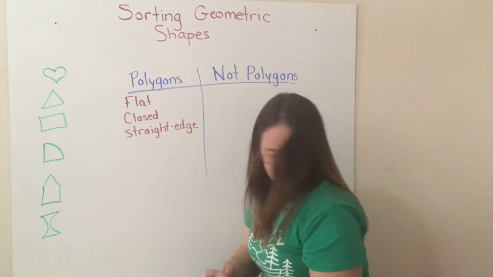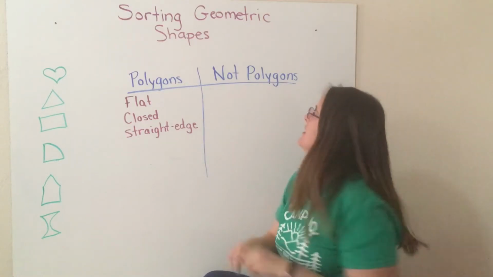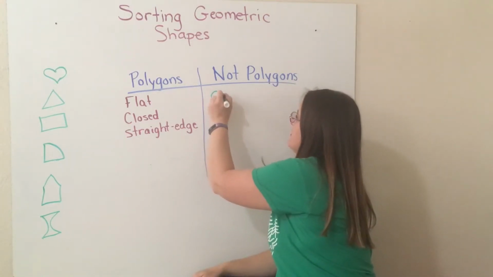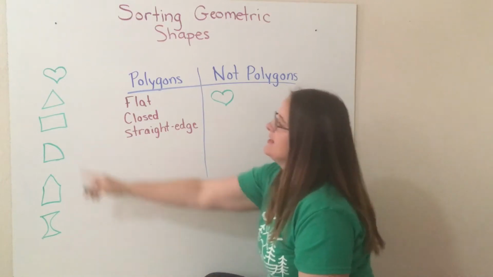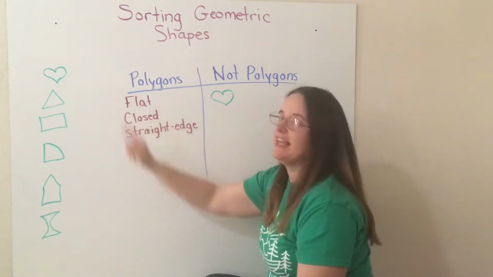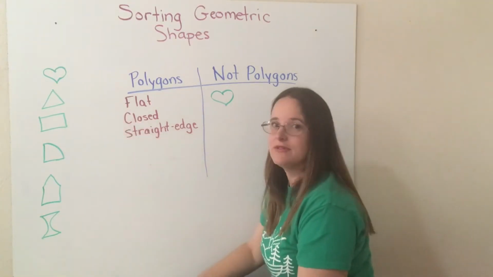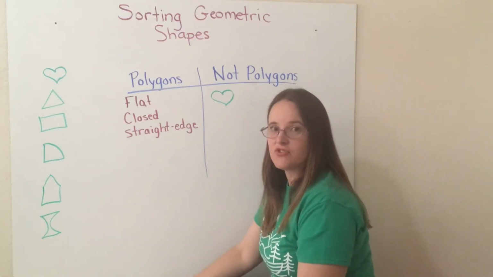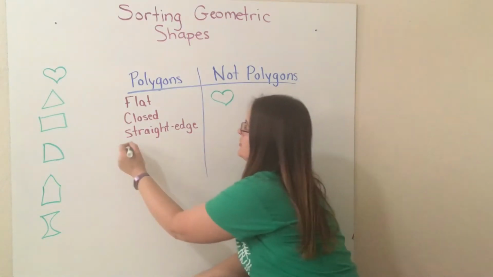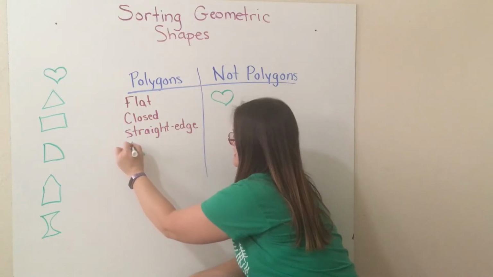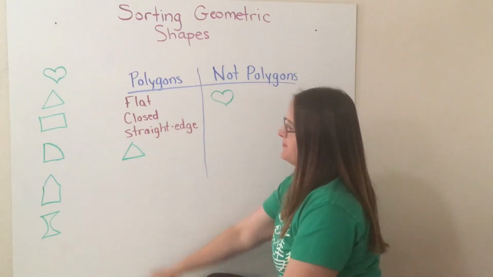Therefore, my heart belongs over here. Okay? Next, we'll look at the triangle. Is it flat? Yes. Is it closed? Yes. Does it have straight edges? Yes. So my triangle belongs in the polygon side of the table.